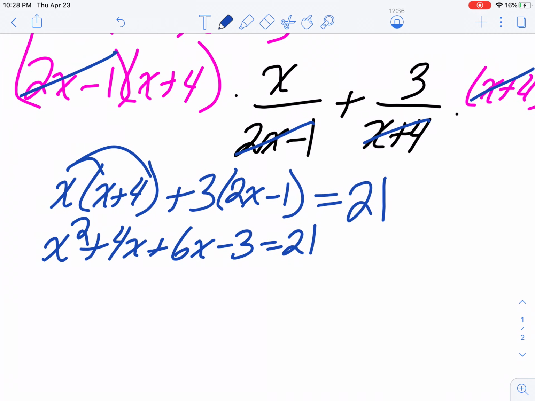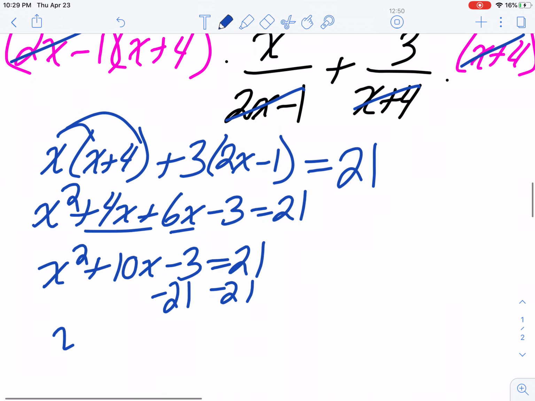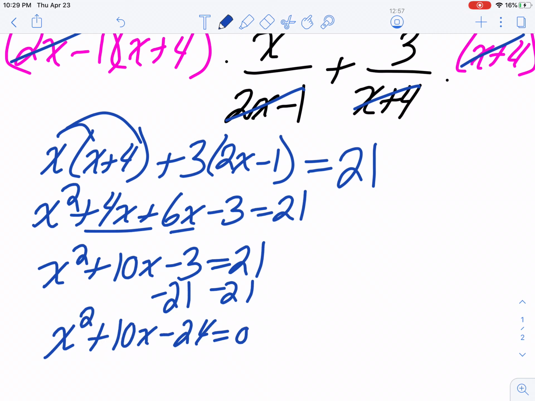And we can combine our like terms, so 4x and 6x gives me 10x minus 3 equals 21. We cannot combine the x squared and the 10x because they're not like terms. Subtract the 21 over, and I get x squared plus 10x minus 24 equals 0.